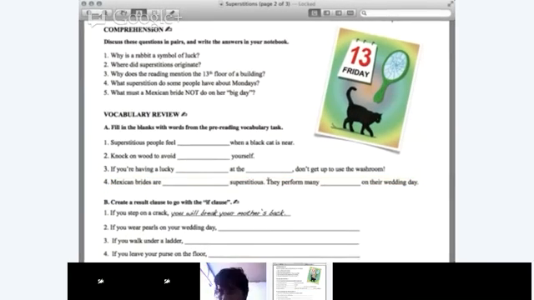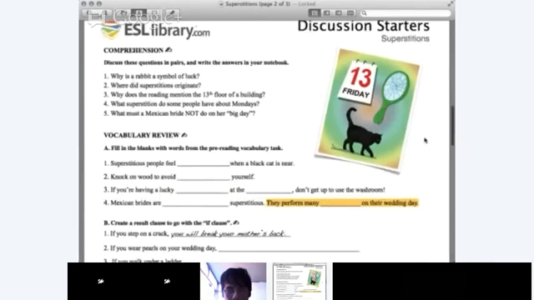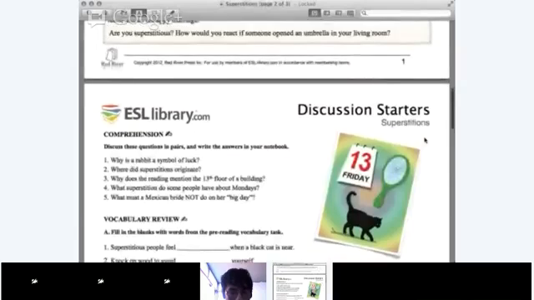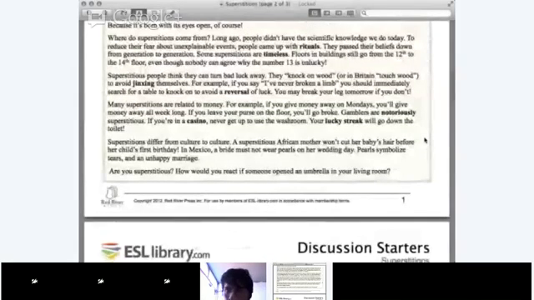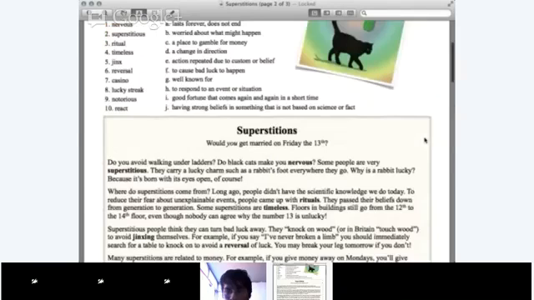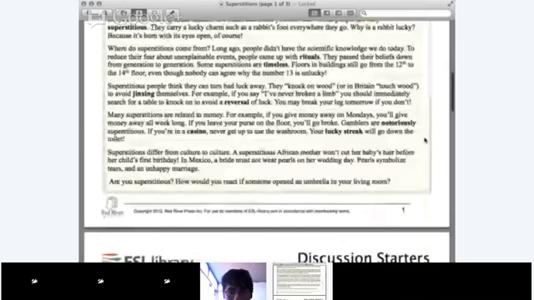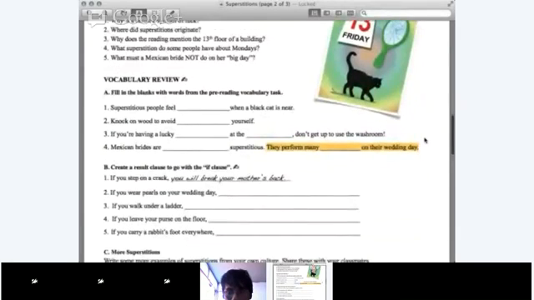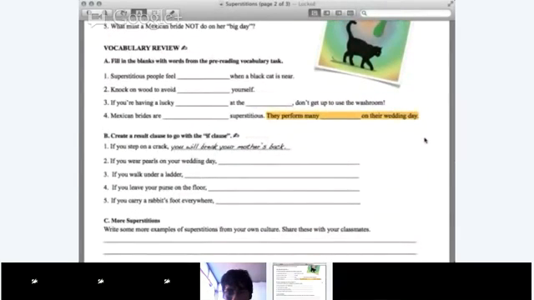And they perform many blank on their wedding day. This is also a dark vocabulary word. So it's rituals. Yeah, rituals. Good. Okay.